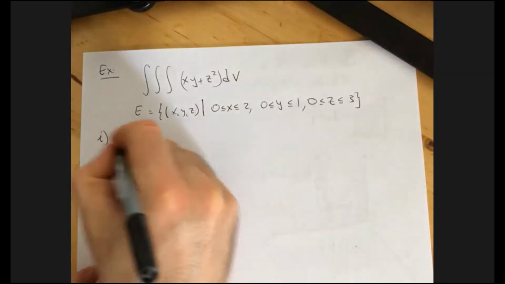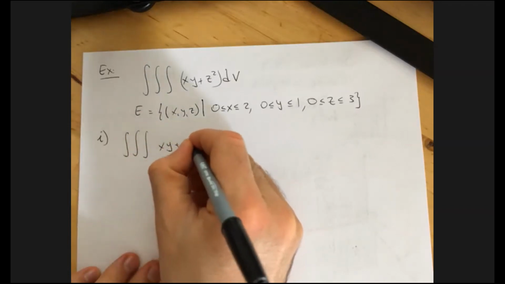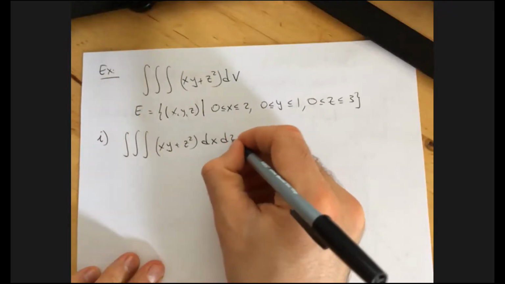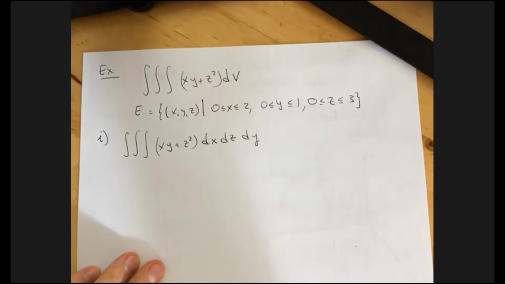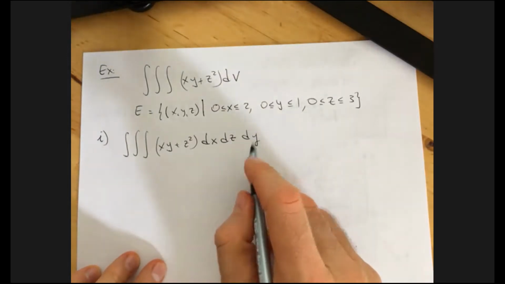So let's say first case, I'm going to evaluate xy plus z squared. Doesn't really matter. Let's say dx dz dy. For no particular reason, I chose this order, okay?